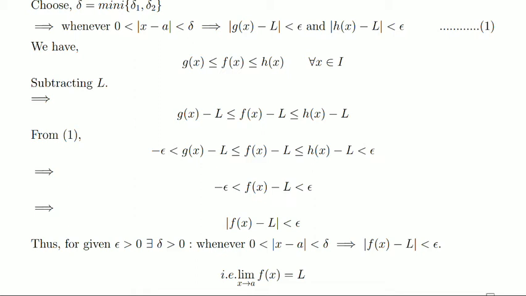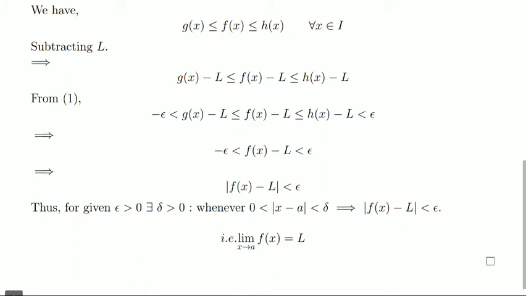that is, |f(x) − L| < epsilon. Thus for given epsilon greater than 0, there exists delta greater than 0 such that whenever 0 < |x − a| < delta, this implies that |f(x) − L| < epsilon. That is, whenever the distance between x and a is greater than 0 and less than delta, the distance between f(x) and L is less than epsilon.